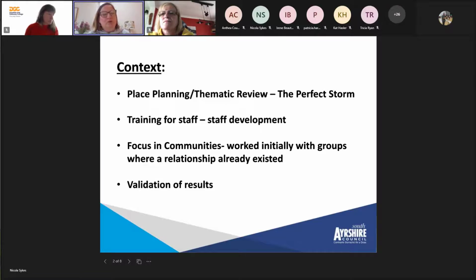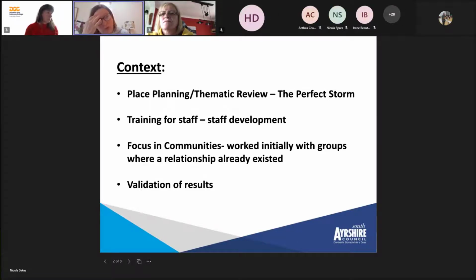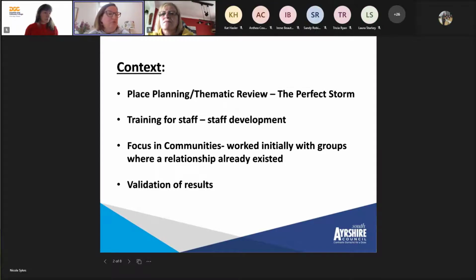South Ayrshire Council were looking to take forward a place planning approach, and at the same time we were also looking at a thematic review of service delivery across quite a few services, which would bring together staff from our CLD teams, community safety, community engagement, employability and skills, and health and wellbeing teams. And the proposal round about that thematic review was to take a more locality-based approach to working with local communities, with one of the aims being to support and coordinate the delivery of local place plans.